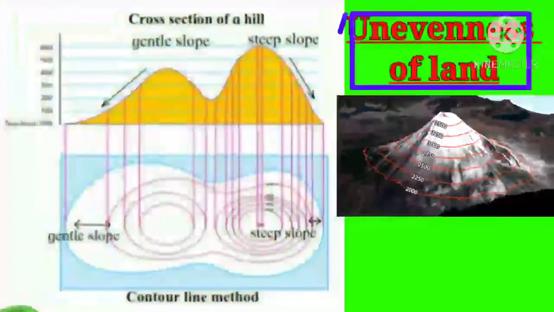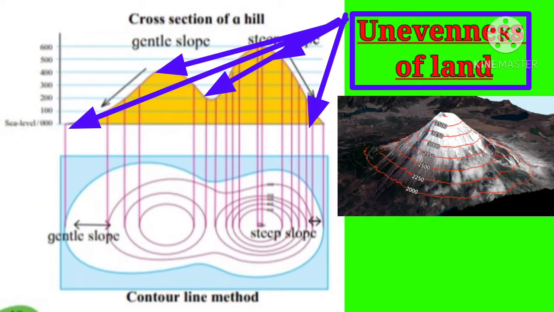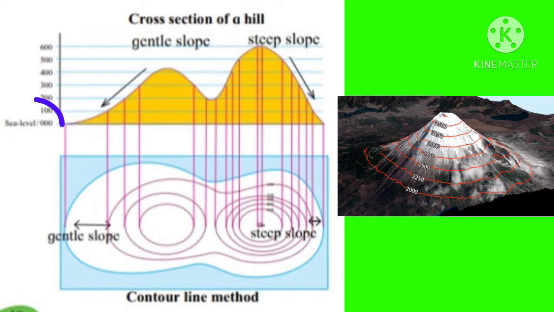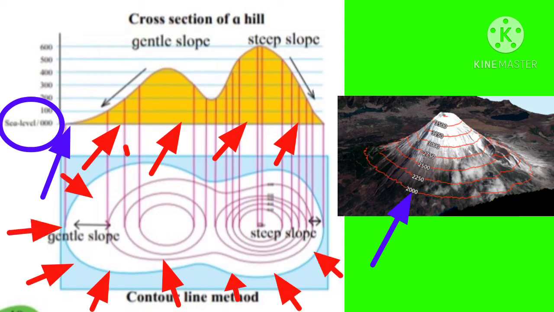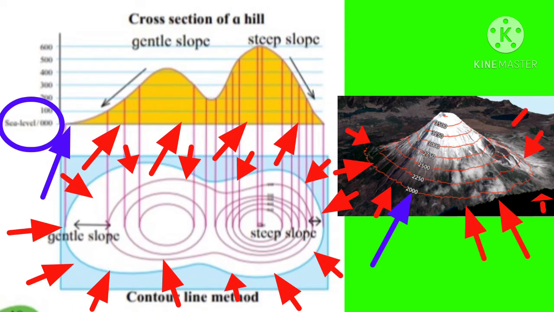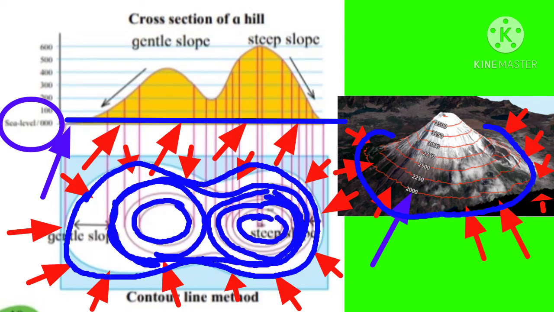This method is used to show the unevenness of landforms on a map. The height of the land is measured from sea level. Next, points of the same height are identified. Their position is marked accurately on the map. These locations are joined with a line.